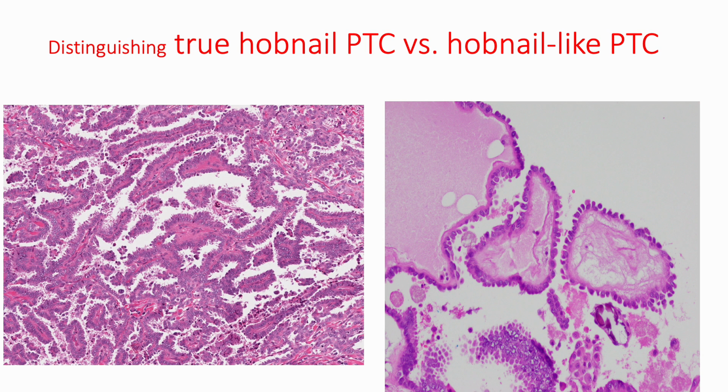While classic PTC with hobnail-like morphology has simple papillae which are often edematous or fibrotic. These papillae are lined by a single layer of tumor cells with scant cytoplasm. There is no increased mitosis or significant nuclear atypia. This type of classic PTC with hobnail-like morphology is a potential diagnostic pitfall.